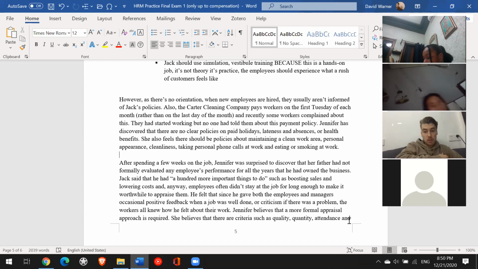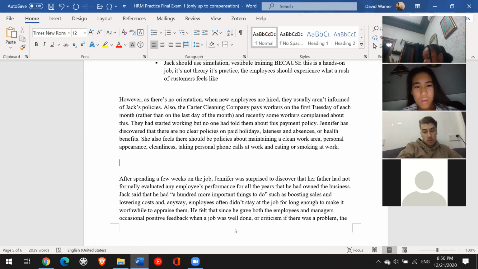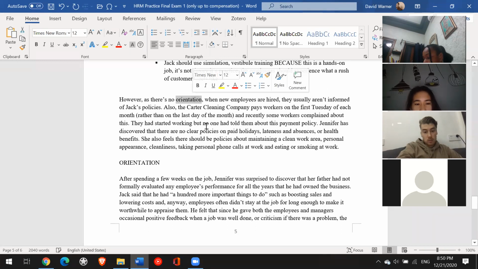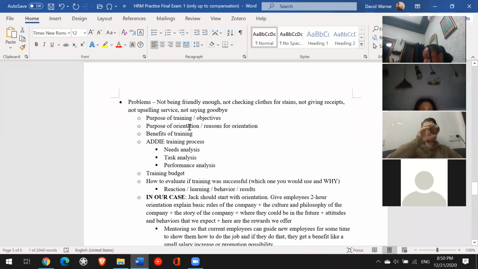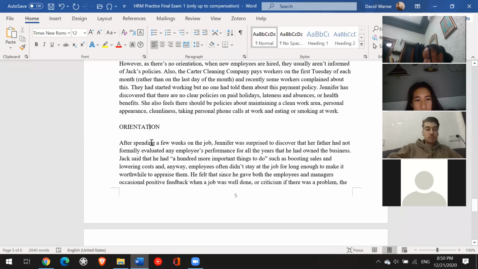Performance management system? Personally, I think this is still about orientation, not yet. This is the orientation idea. So I probably would have just moved the orientation stuff and put it over here.